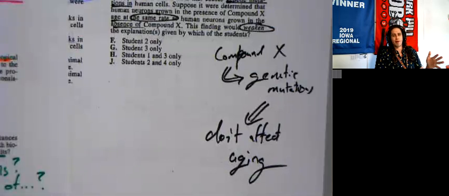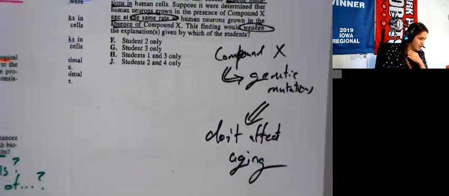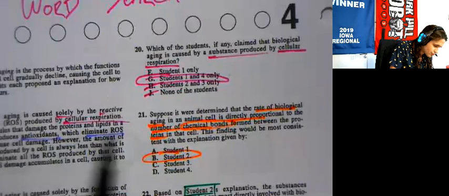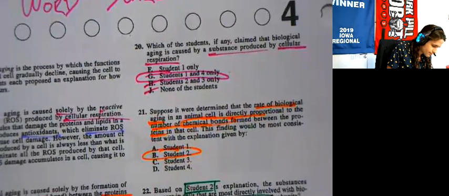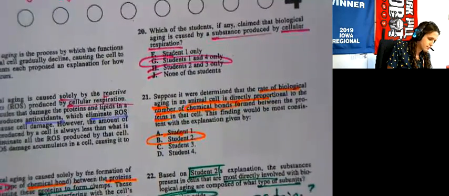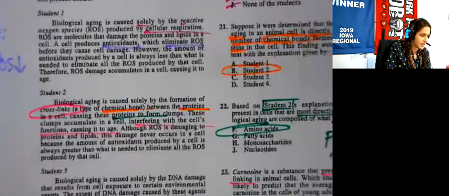They're saying compound X is a thing. Compound X causes genetic mutations. Great. And then we say that these genetic mutations don't affect aging. Well, who does talk about genetic mutations affecting aging? I would go back and search for that phrase, genetic mutations. Where are you going to find it? Well, what do we see?